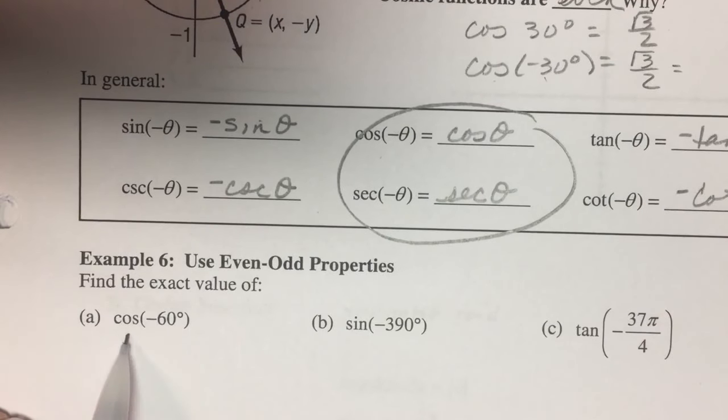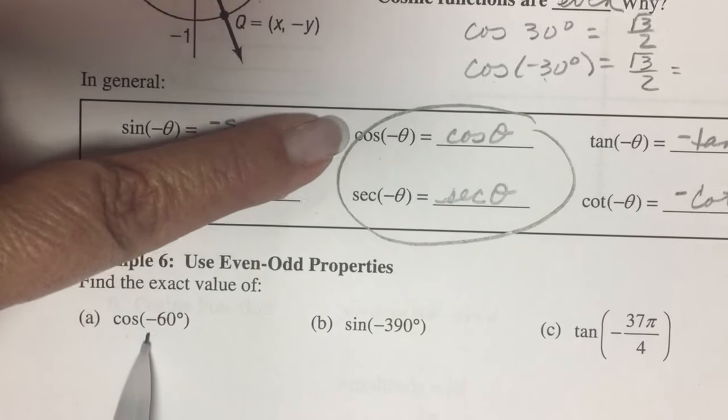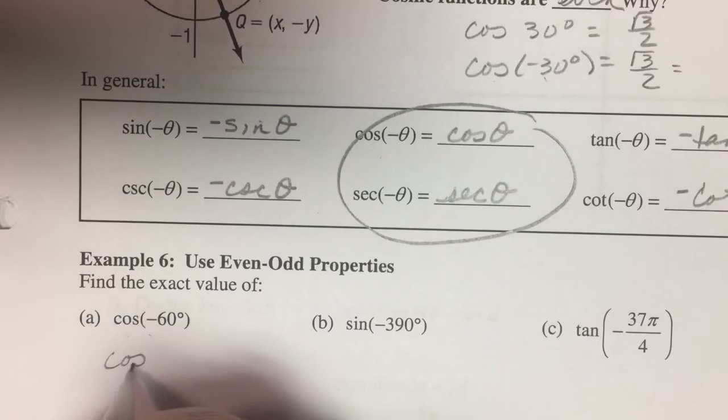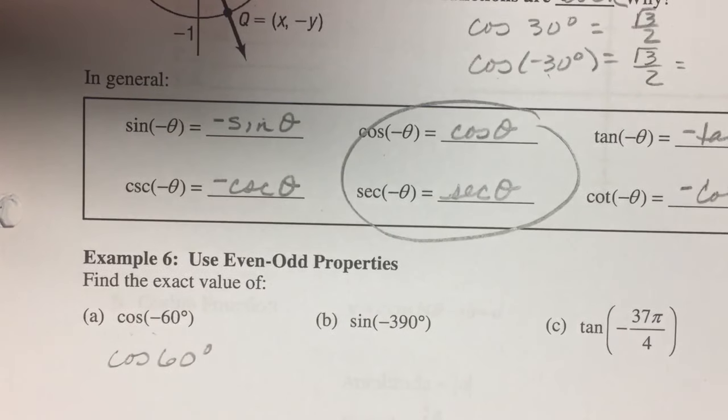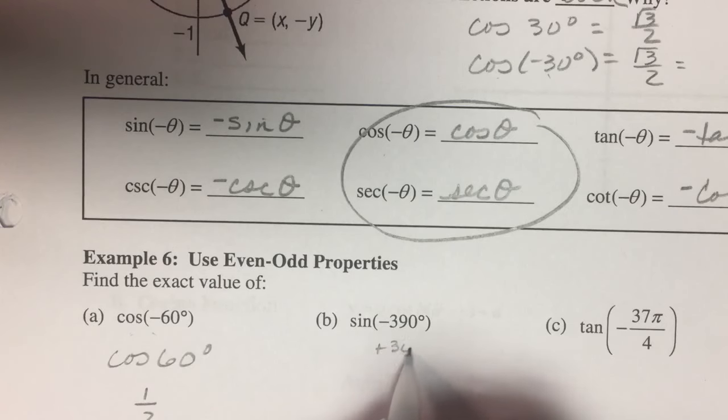So, for example, if I want the cosine of negative 60, according to the rule, it means it's the same thing as the cosine of 60, and the cosine of 60 on your unit circle is 1/2. Now this one, I'm going to add 360 because that number's so big.